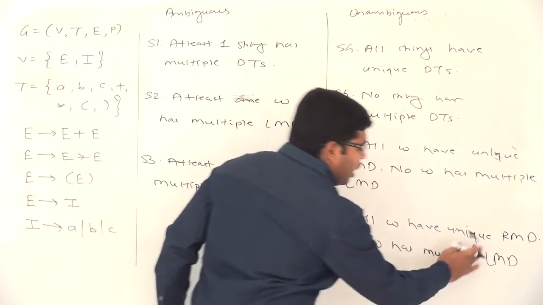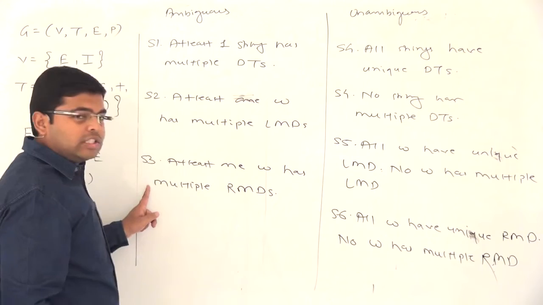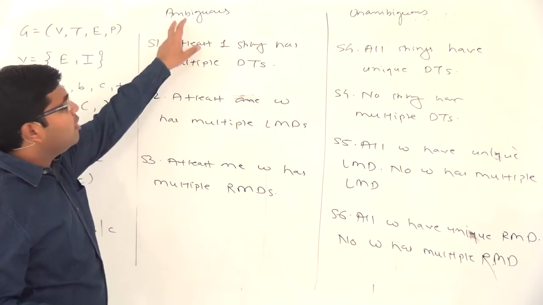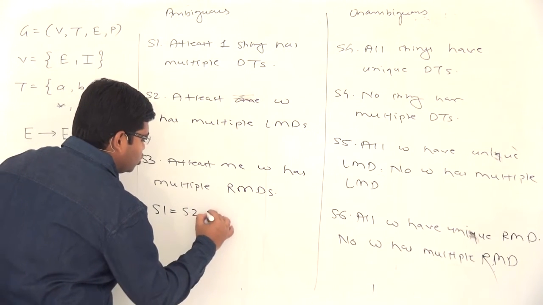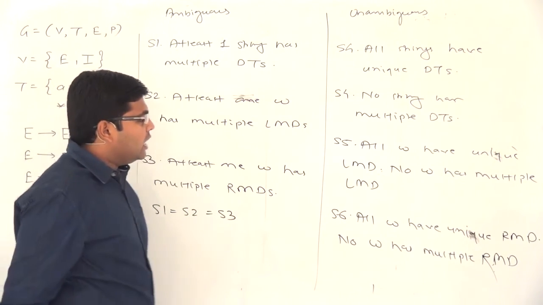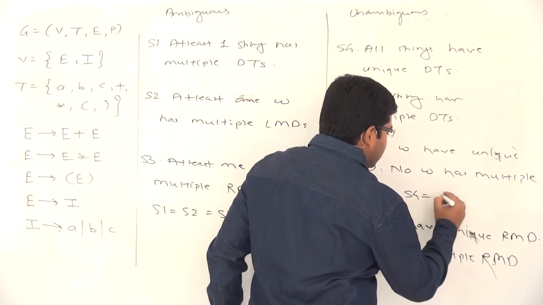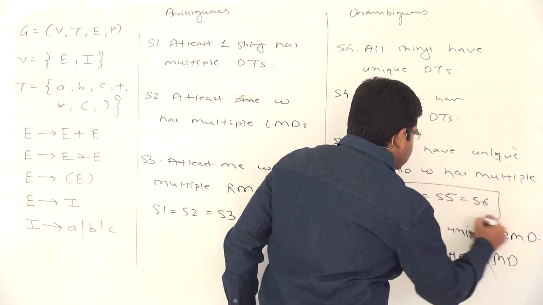Okay, and therefore these statements S1, S2 and S3 are equivalent; all of them mean the same thing, all of them define ambiguous grammars. Similarly here, all the statements are equivalent and they define unambiguous grammar, so S4 equal to S5 equal to S6.